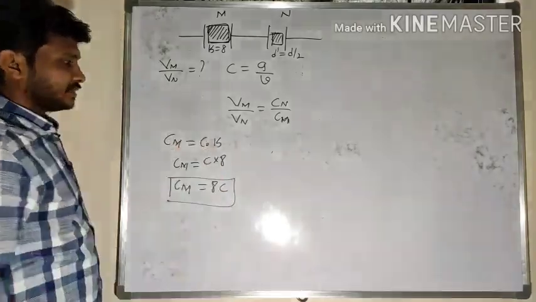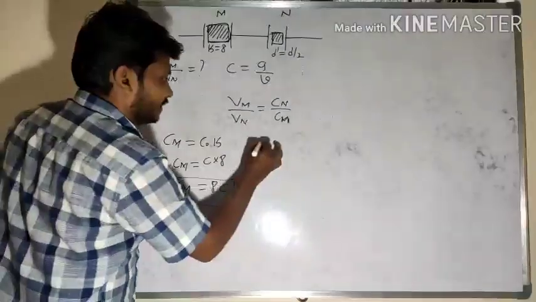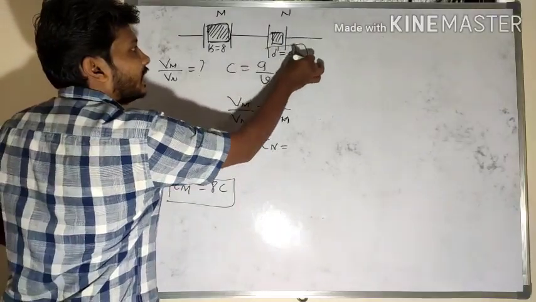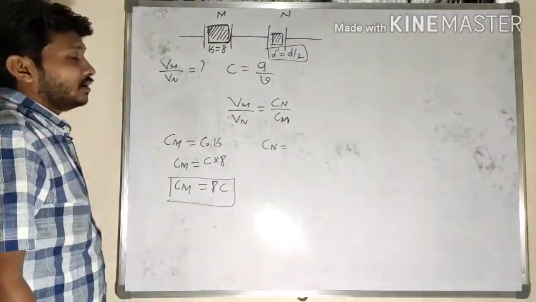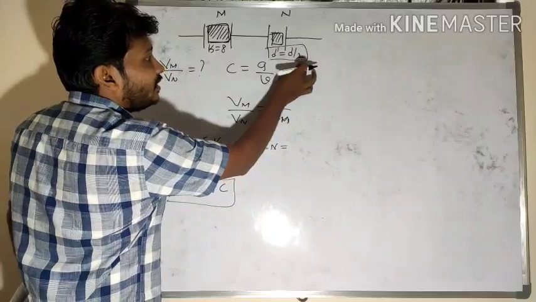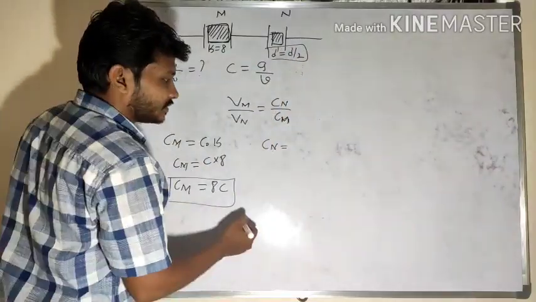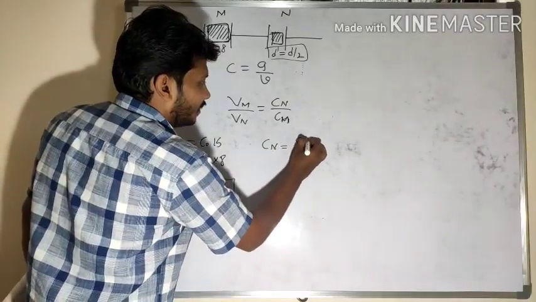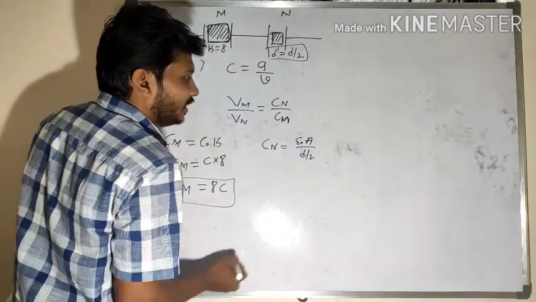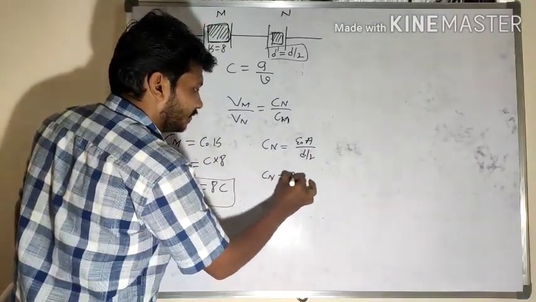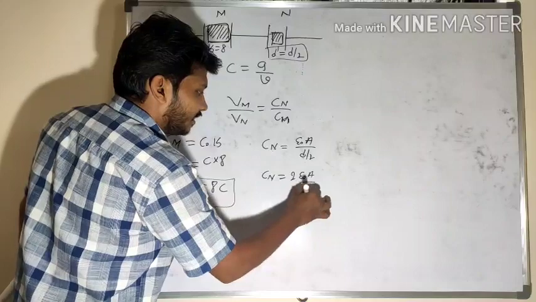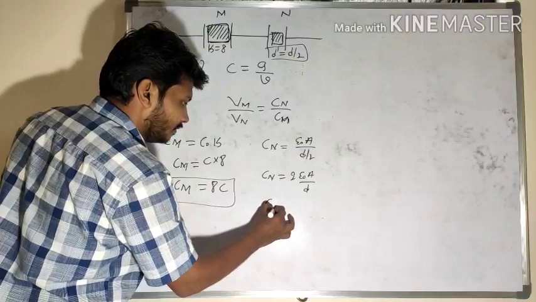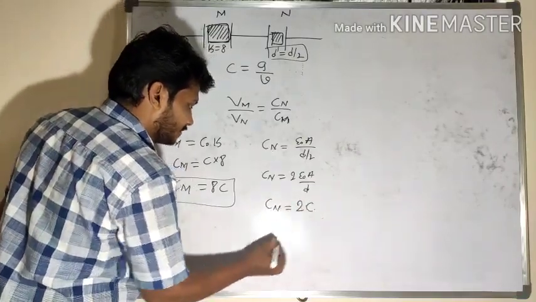Similarly, capacitance of plate N here: they introduced a copper plate, so the distance between them becomes half, d by 2. So I write epsilon naught A divided by d by 2 here. C of N is equal to 2 epsilon naught A divided by d here. So C of N is equal to 2 times C here.